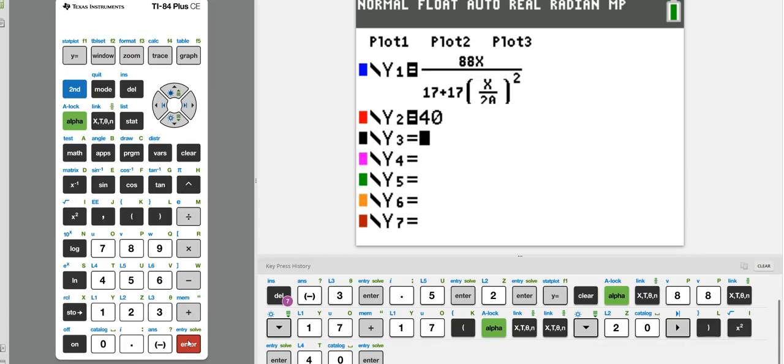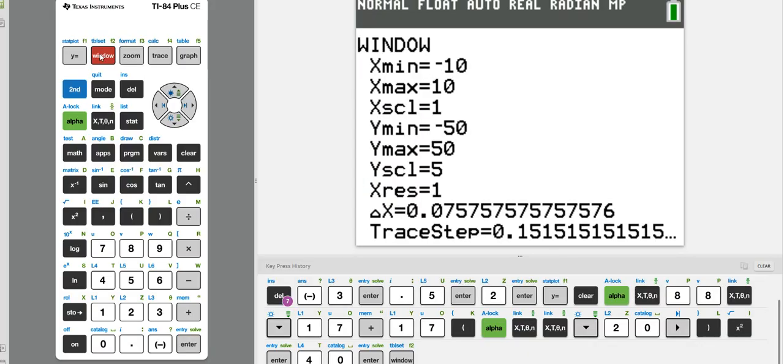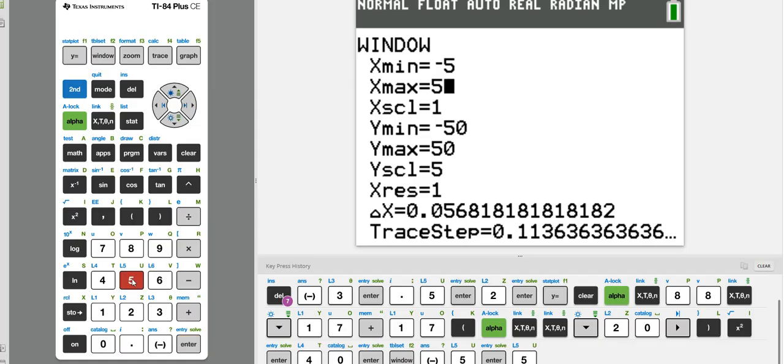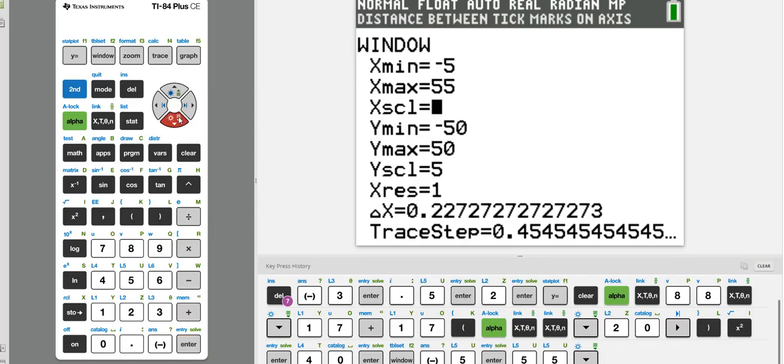As far as the graph is concerned, let's set up our graph. Usually I have some suggestions here, but I didn't put any suggestions down. That's going to be a kind of bummer. So for my window, I'm going to go from -5 to 55 maybe. We'll see how that goes. X scale, I'll make that a 5.